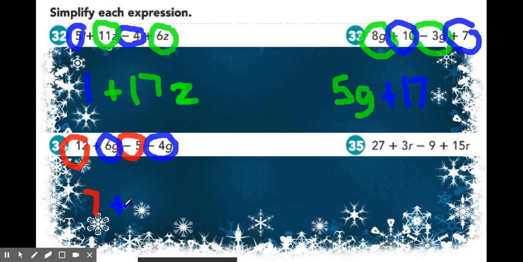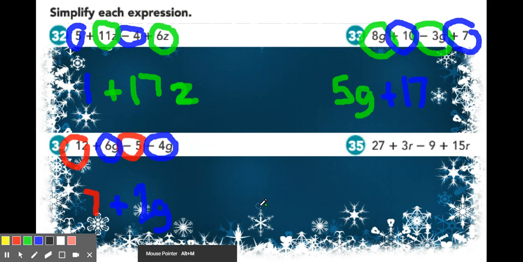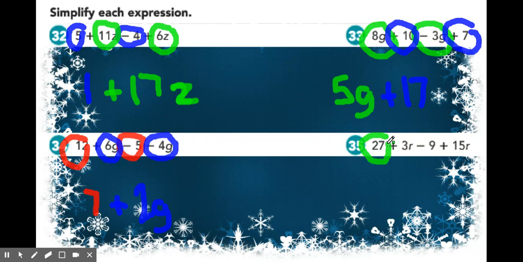So I am left with a positive 2g. And then now our last one, I have 27, which is a constant, and I have another constant of negative 9. So 27 minus 9 is going to give me my 18.